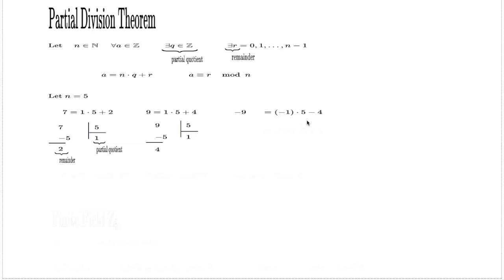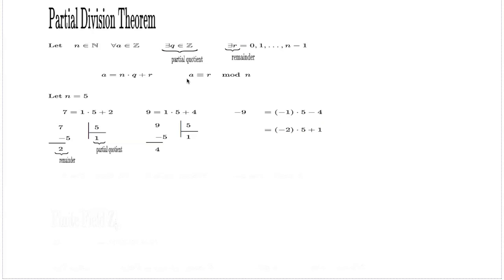The reason is that here r is -4, and r, by the statement of the partial division theorem, must be a non-negative number. That's why the proper form of the partial division for -9 is -2 times 5 plus 1. And so the remainder of -9 with respect to the number 5 is 1, in fact.